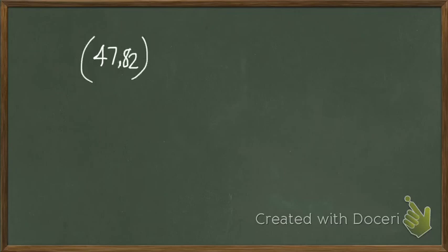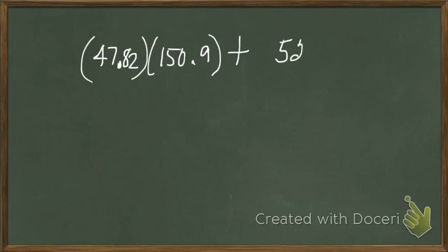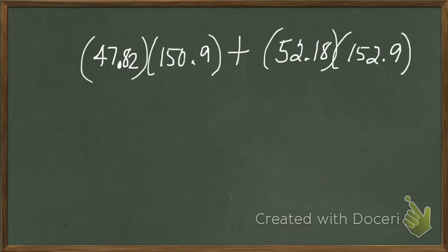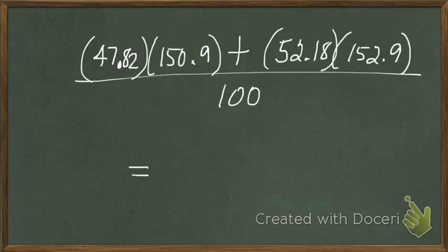That looks like a comma. It's a period. Times its mass of 150.9 plus 52.18% times 151.9 divided by 100. So throw that in your handy dandy calculator and tell me what you come up with.